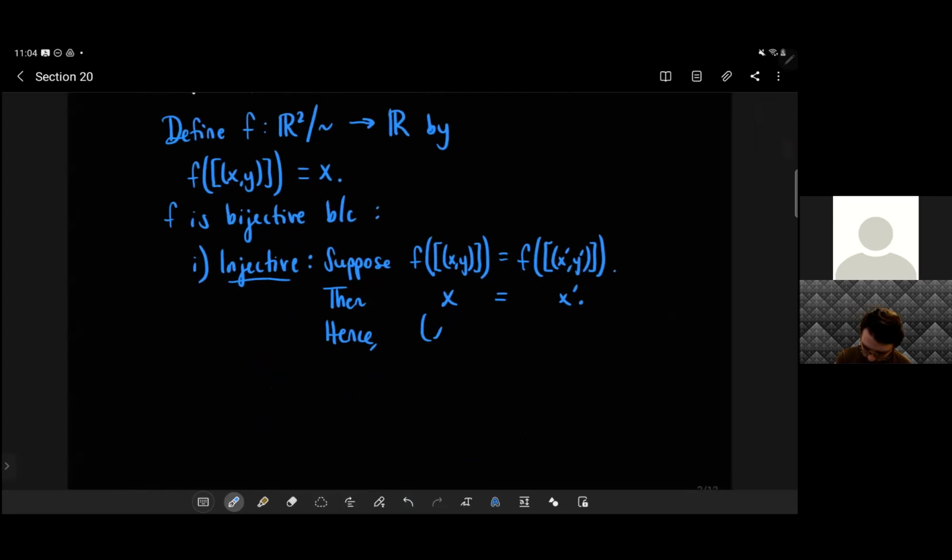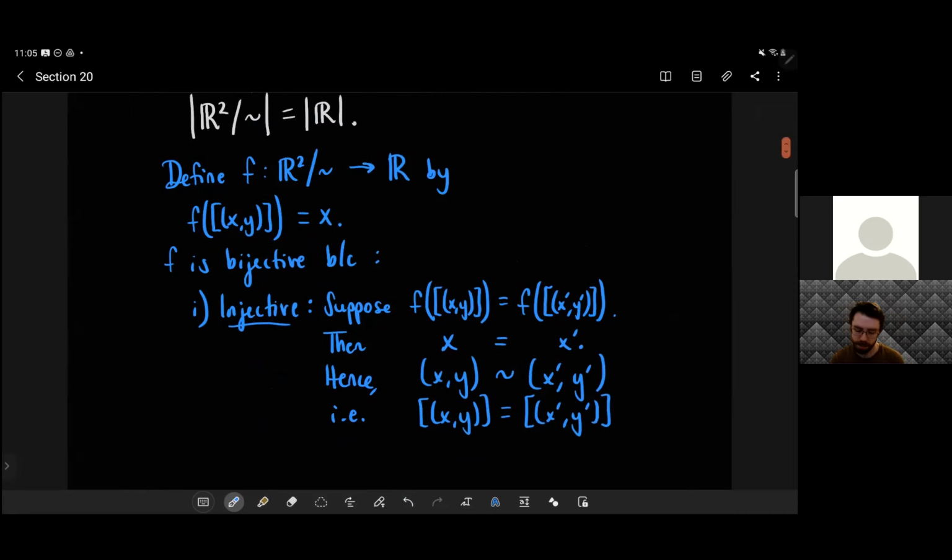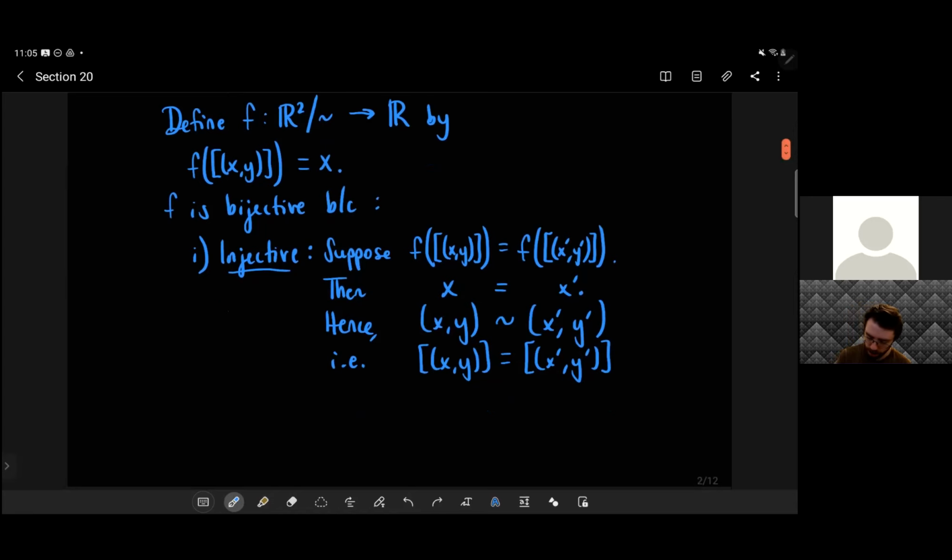So the point xy is equivalent to the point x prime y prime. But that means their equivalence classes are equal, right? If your representatives are equivalent, that's what it means for two equivalence classes to be equal. I think it's a little easier if you go the other direction from here to here, but we showed that in one of the sections, so I'm just doing things a little differently.